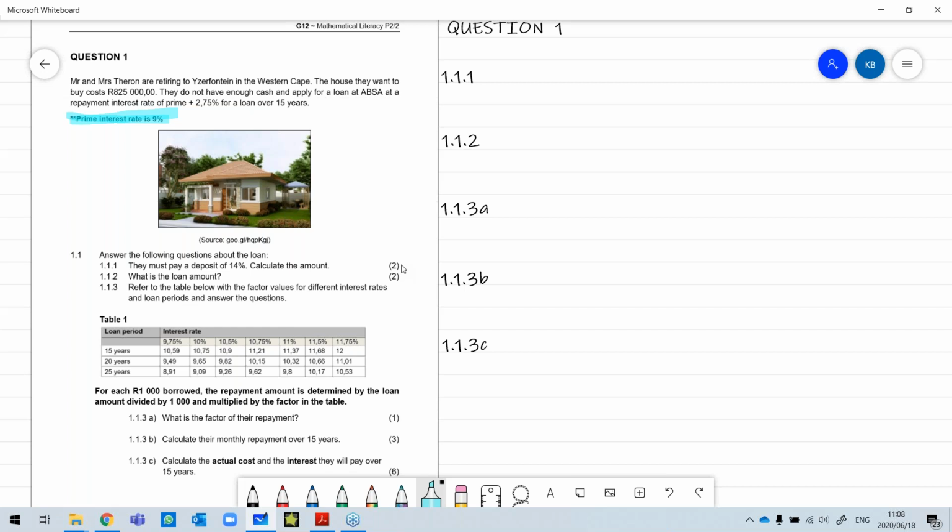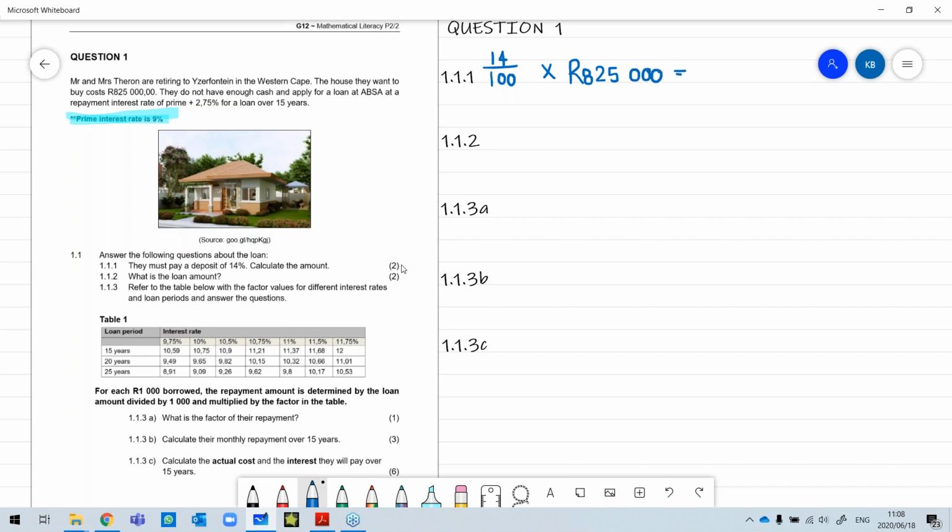Question 1.1. Answer the following questions about the loan. Question 1.1.1. They must pay a deposit of 14%. Calculate the amount. Okay. 14% written as a fraction multiplied by the property cost, which is 825,000 rand.